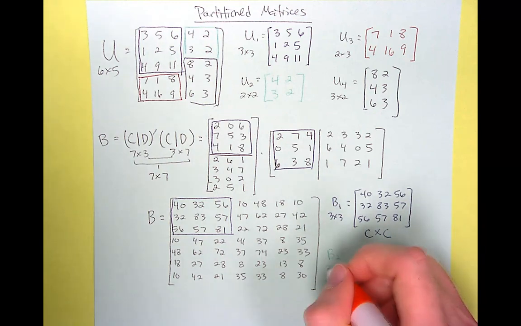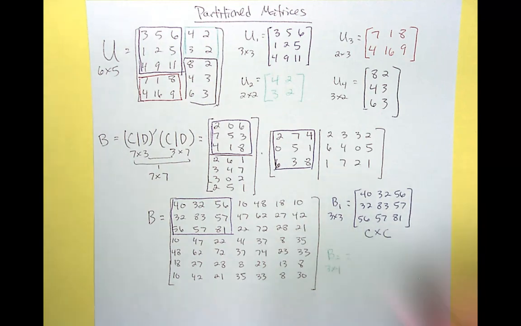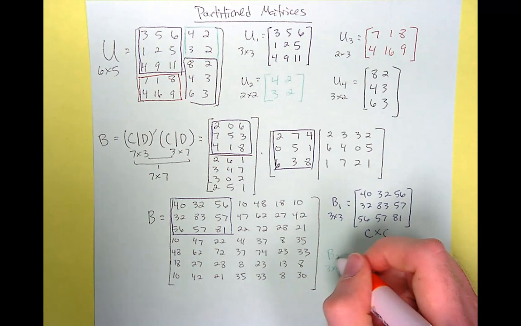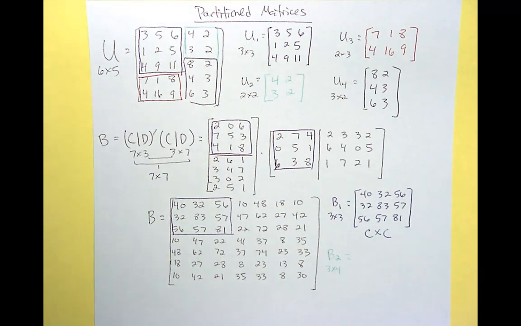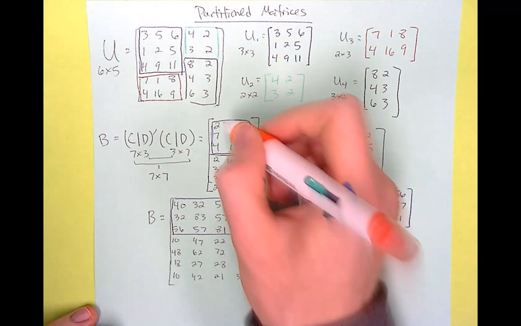B2 is going to be a 3 by 4 matrix. Sorry, you can't see the green too well. And B2 is actually going to be this one again.